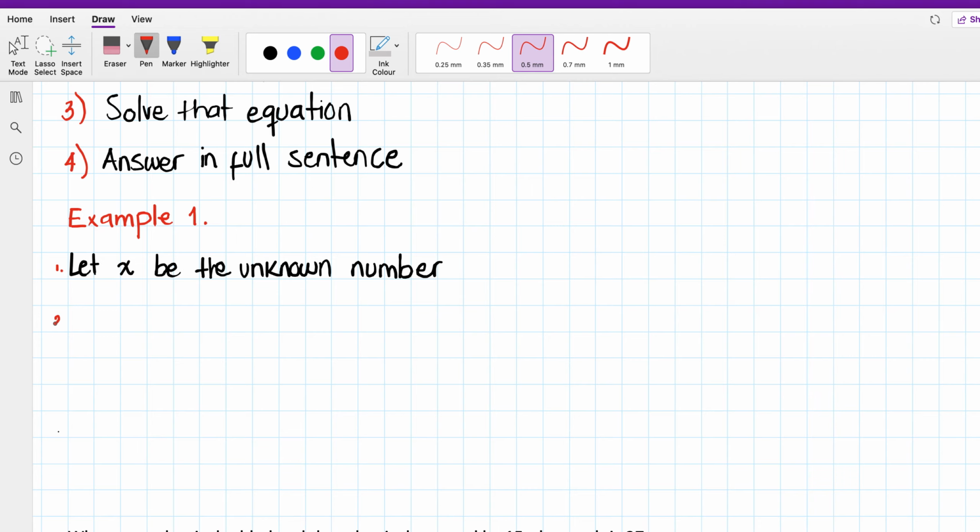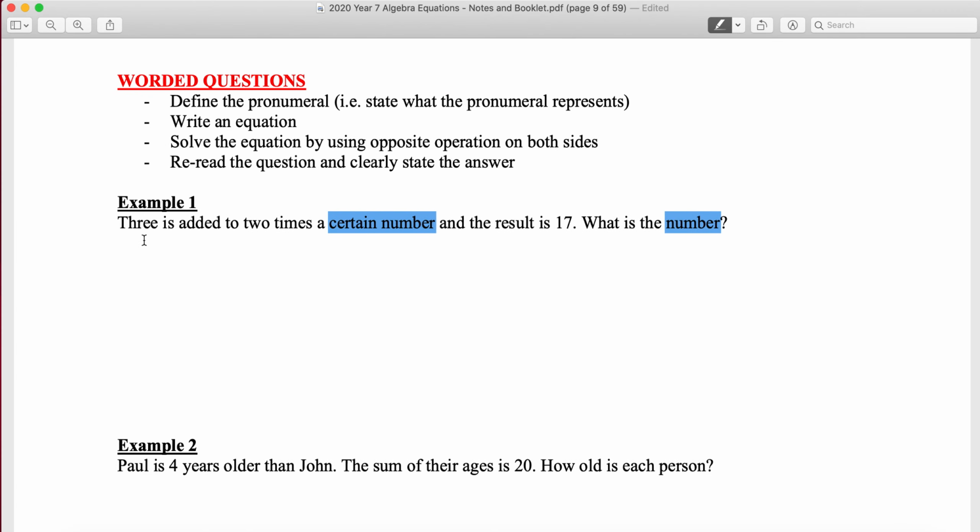Then what is the second step? I'm just putting it here because I'm teaching you, so I'm modeling what is happening. The second step is to write the equation. How do we write the equation? It says 3 is added to 2 times a certain number. So we have to think that 3 is added to something that is already happening to that number. That number is being multiplied by 2.